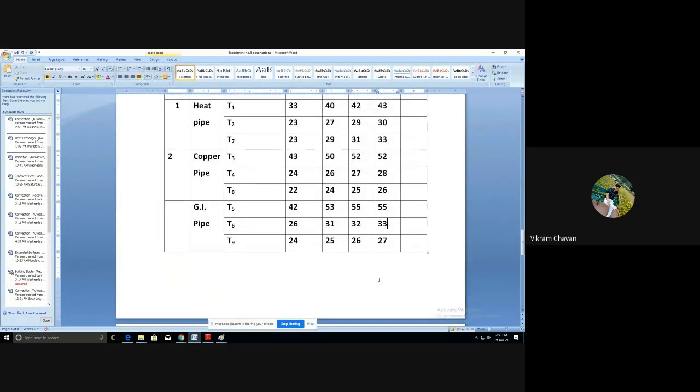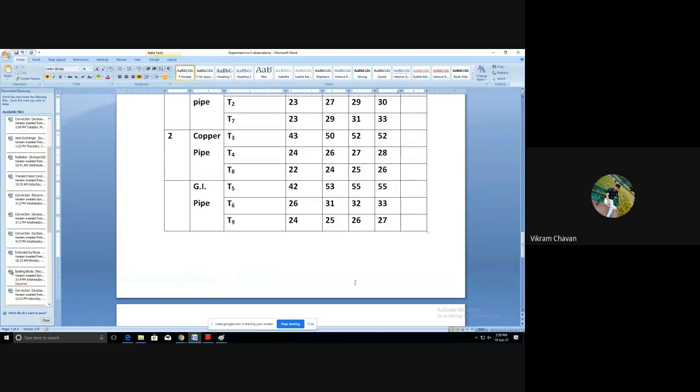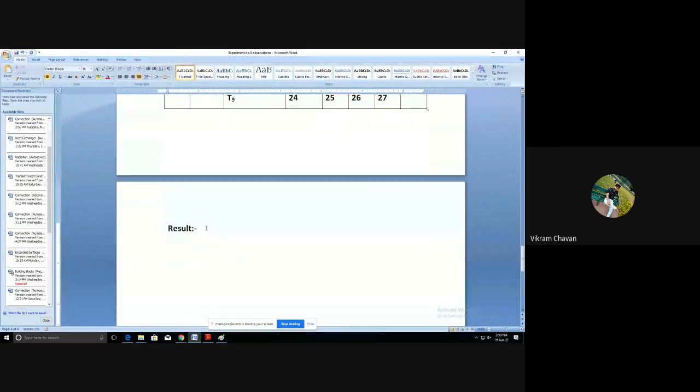Okay, so compare the results, compare the readings, and after comparing, what do you come to know? Discussion. What are we getting?